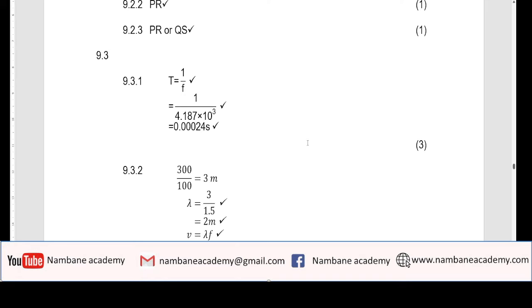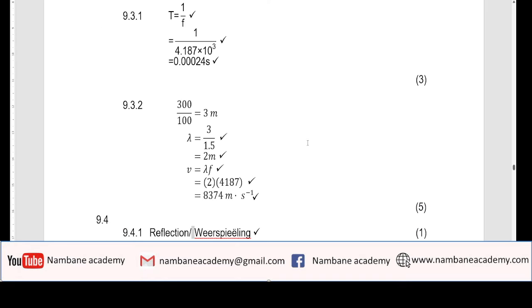9.3.2, speed. The conversion was made, 300 centimeter to meter. You divide by 100, which gives you 3 meters. Then the wavelength you calculate by dividing 3 over 1,5, which is 2 meters. Then you use the formula of the wave, V equals lambda times frequency. Substitution correctly, 2 times 4,187.